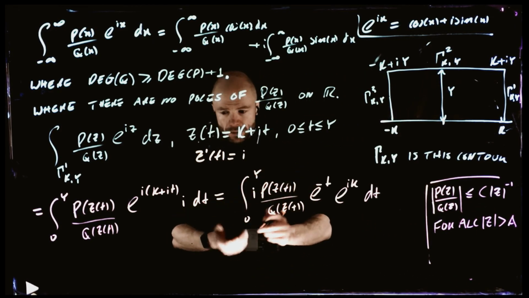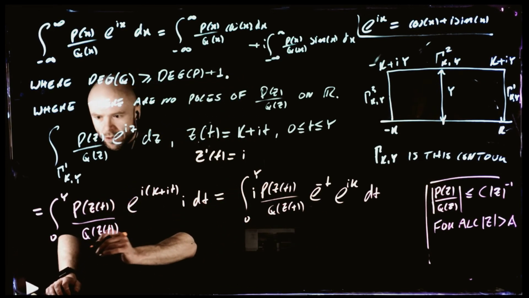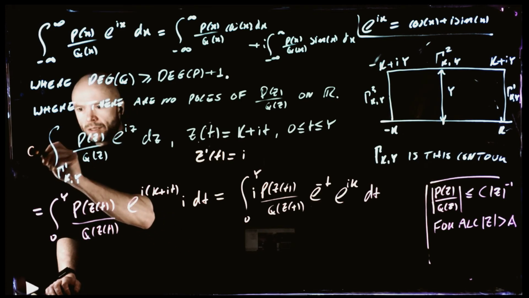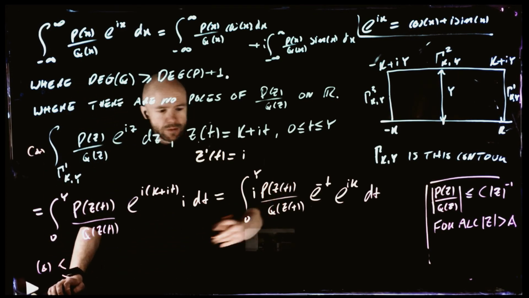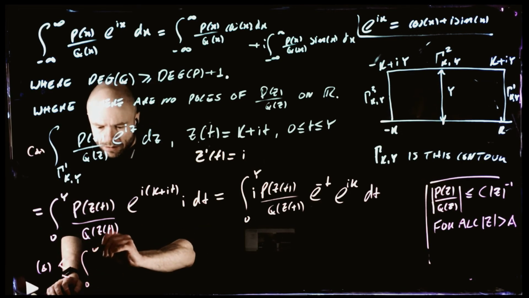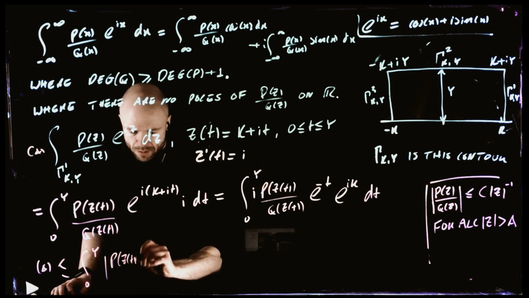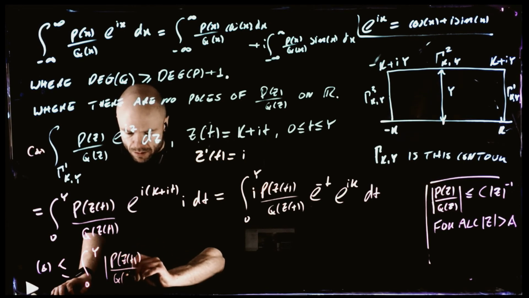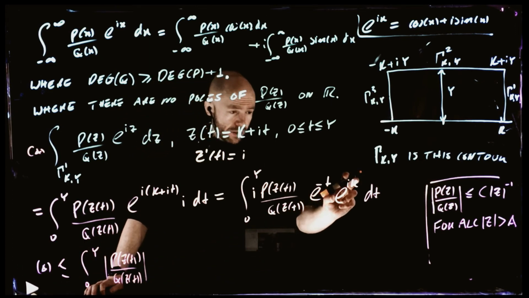So for this, if we take the absolute value signs throughout, let's call this thing star. Then star is less than, taking absolute values, the integral from 0 to y of the absolute value of this thing. This is just a unit vector, right?